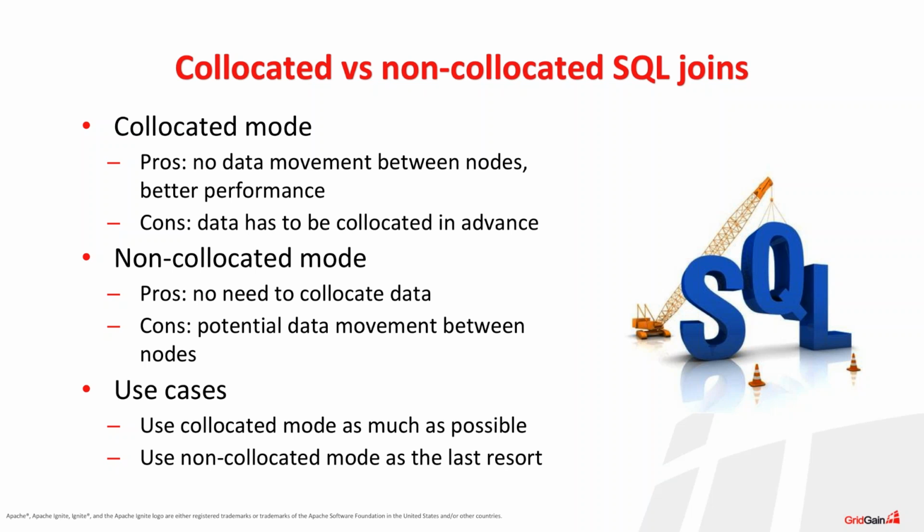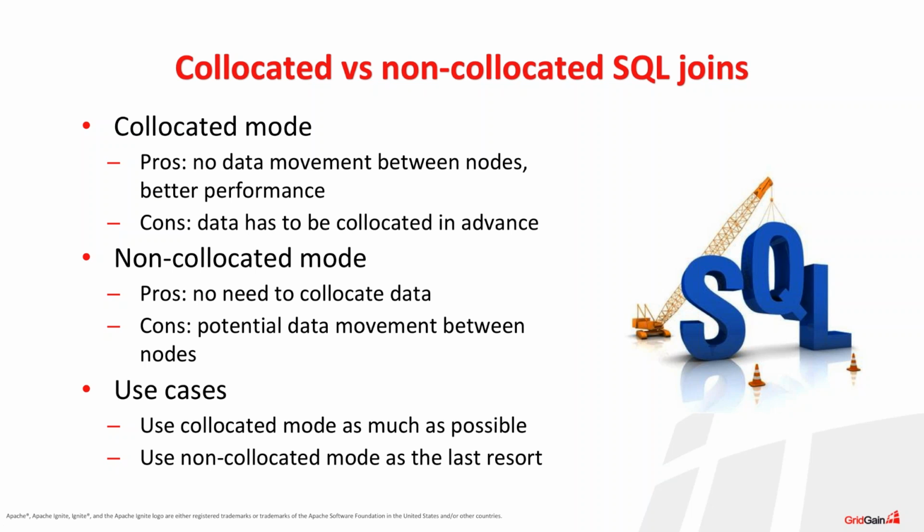In addition to all that, I would also like to emphasize the importance of collocation for SQL queries. Basically, when you join two tables, you should always try to collocate them. Remember our organization and employee example. If you want to join organization with employee by organization ID, we want to have all the data for this organization on the same node, all the joined data on the same node, because otherwise Ignite will have to reshuffle the data and transfer it across the network, which will reduce the performance.